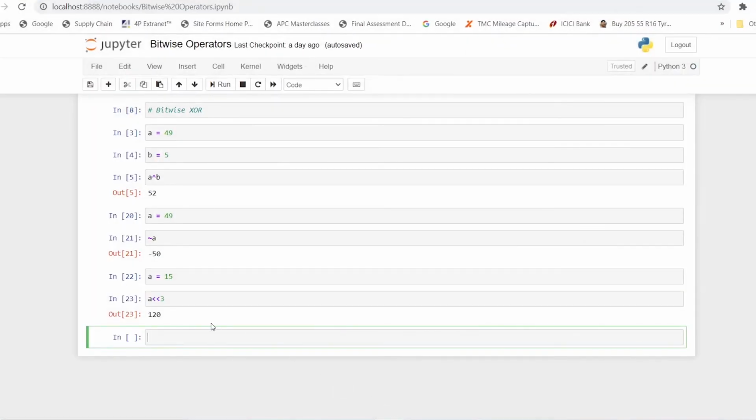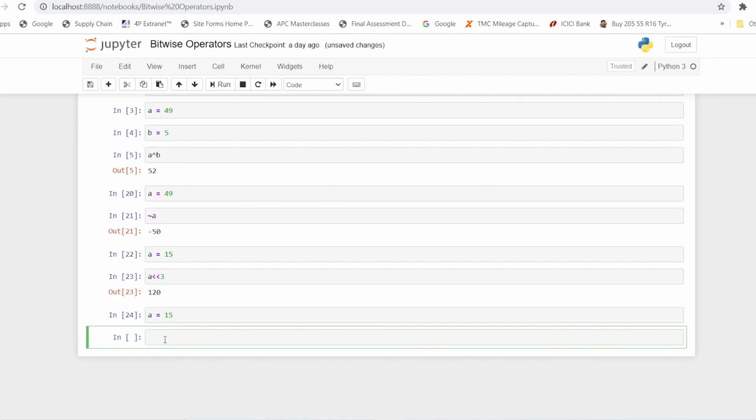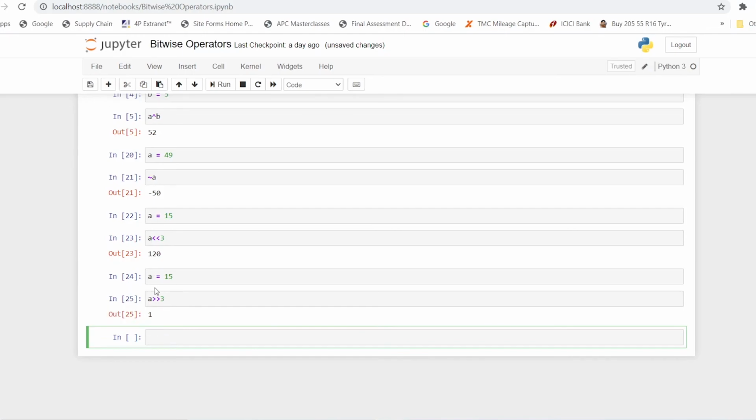Now we're going to take the same integer a as 15, and now we're going to operate the bitwise right shift, which is a >> 3. Here you're getting the output to be 1. So let's look at how to find this out manually.